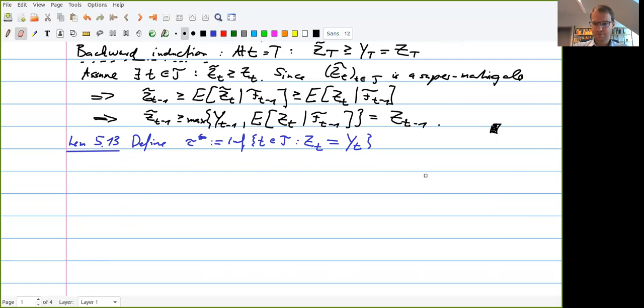What can we say about this process? Well, this random time: first, as we see in a minute, it is less or equal than the terminal time T. It's a stopping time. And if we consider the stopped process, it's a martingale.